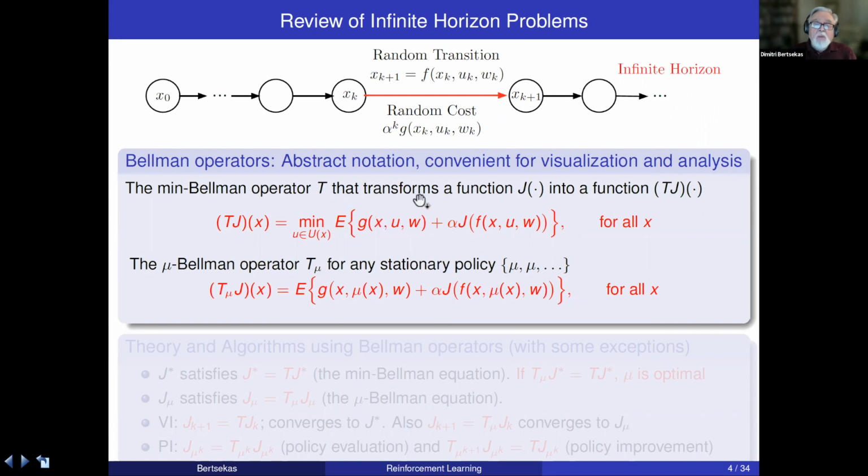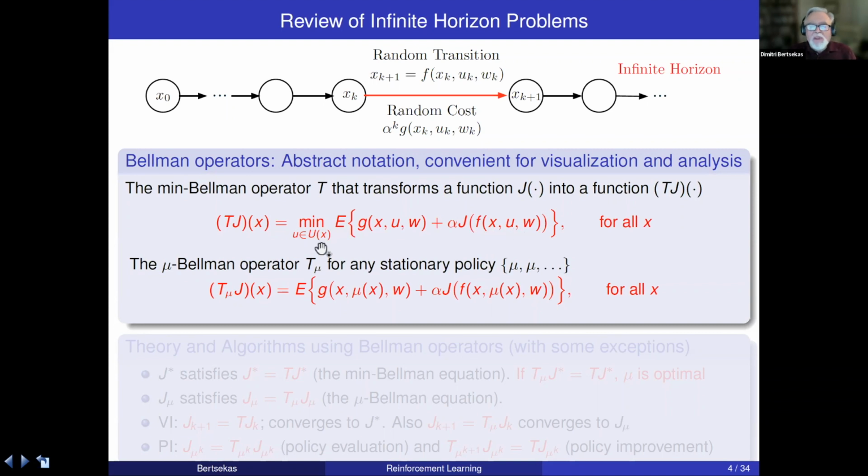So T now maps functions J, functions of the state, into other functions, TJ of the state, according to this equation. Now you'll recognize this expression as the right-hand side of Bellman's equation and also of all kinds of dynamic programming expressions.